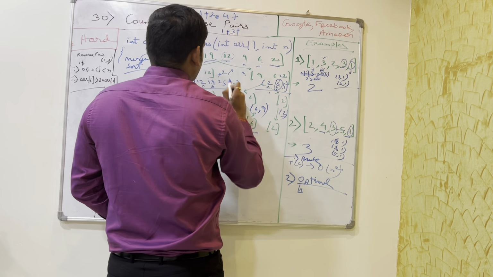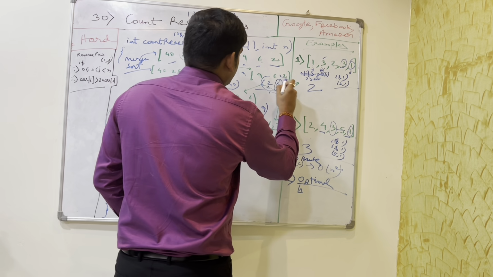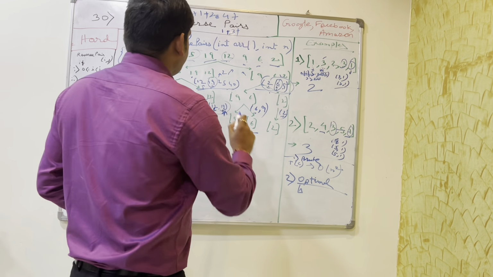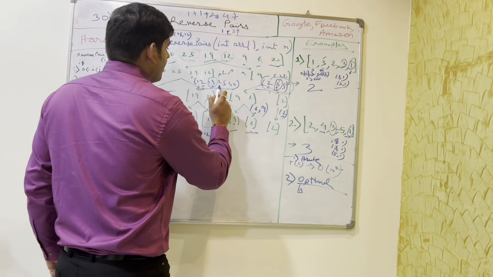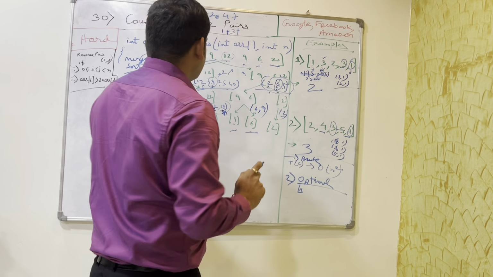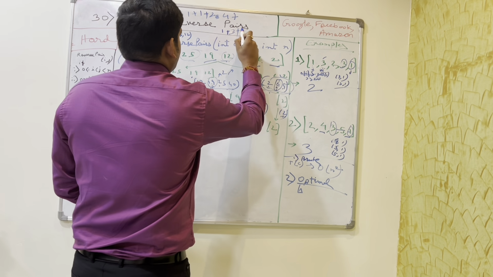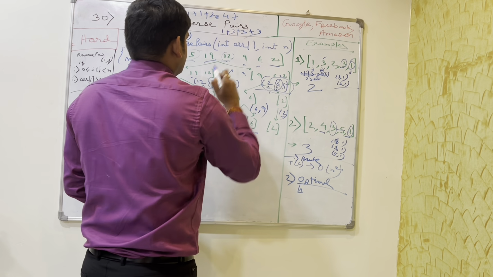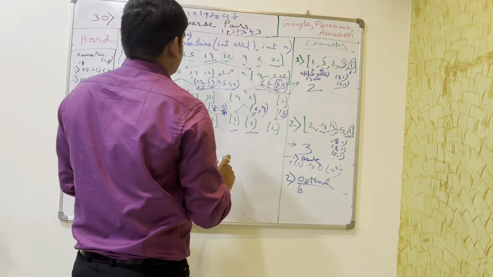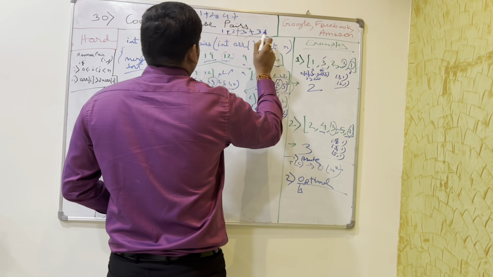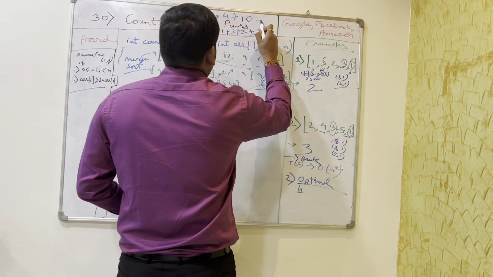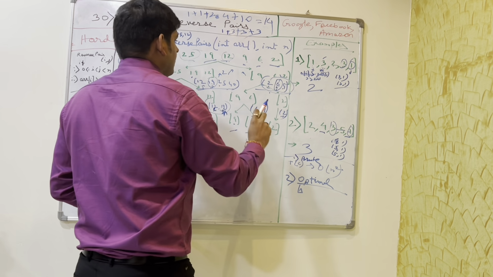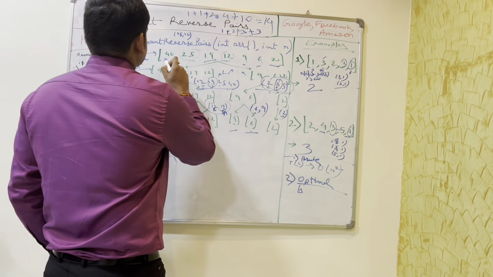If for 19 all of these are pairs, that means for 25 and 40 also all of them will be pairs, because 25 and 40 are greater than 19. That means here we will have plus 3 plus 3, so a total of 10. So 4 plus 10 is equal to 14. We will have a total of 14 reverse pairs in this example.